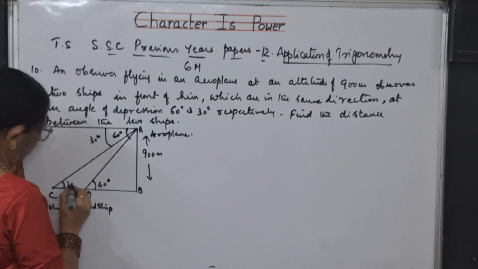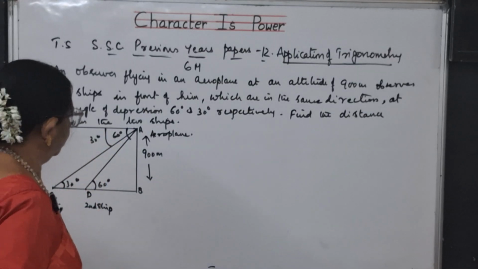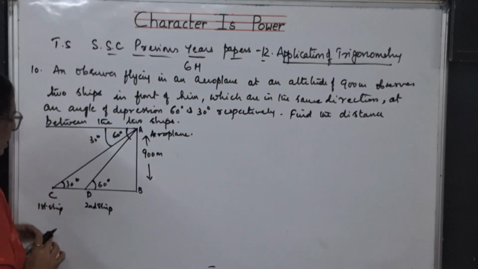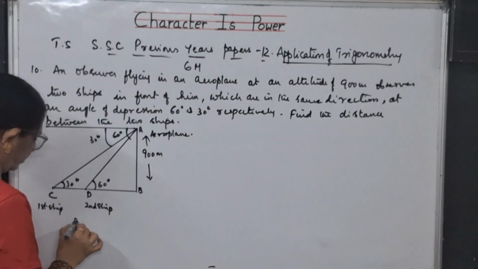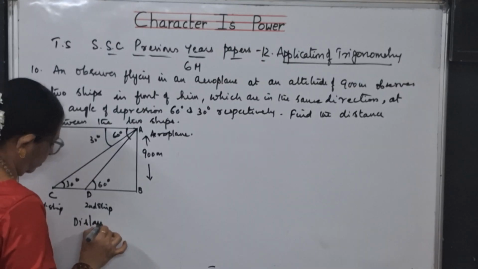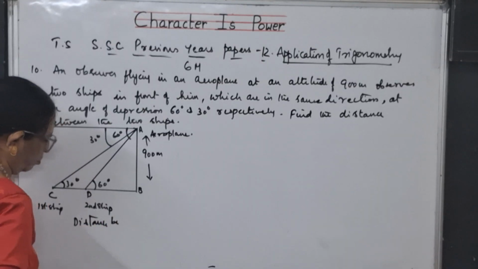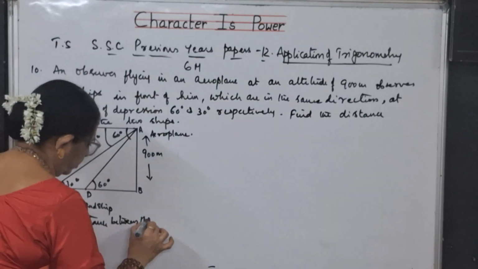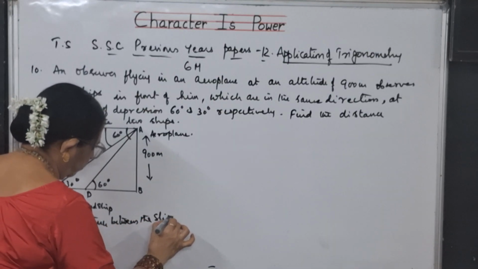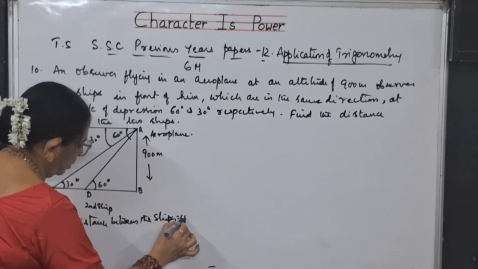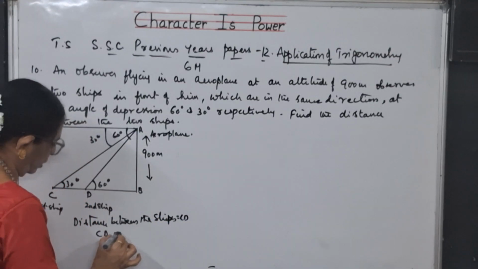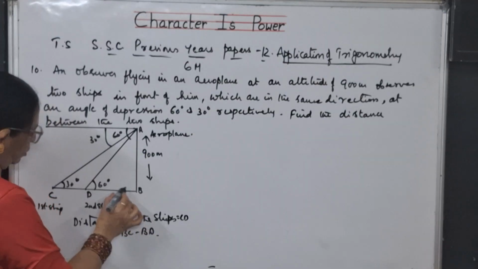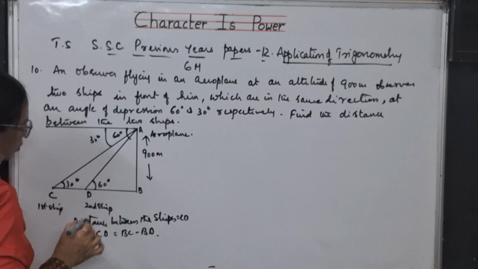Now you need to find out the distance between the ships. How will you find out? That is nothing but CD. So CD is nothing but BC minus BD. From BC, if you subtract BD, you are getting CD.